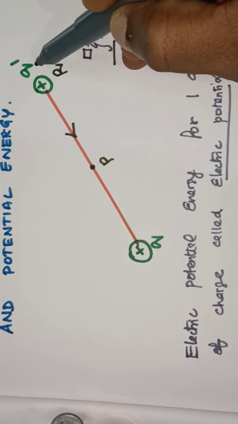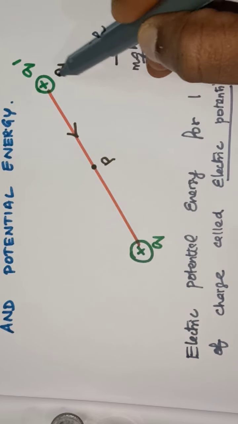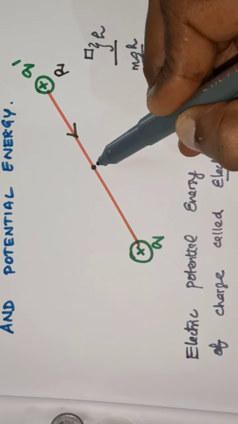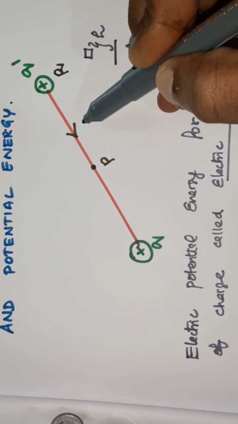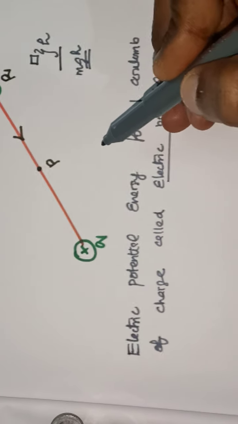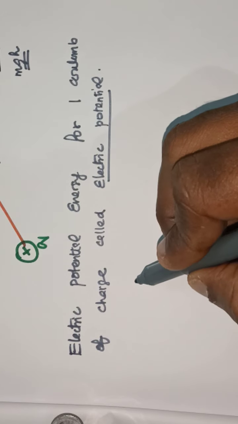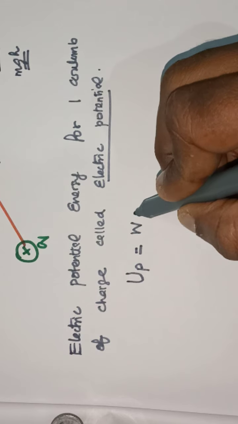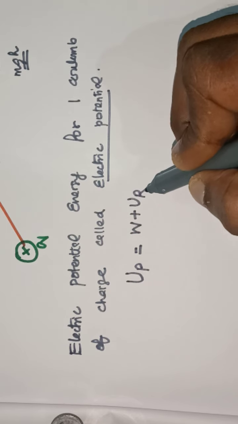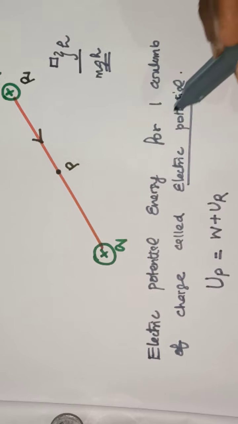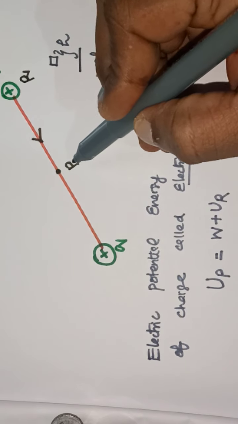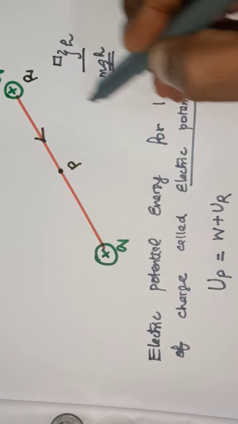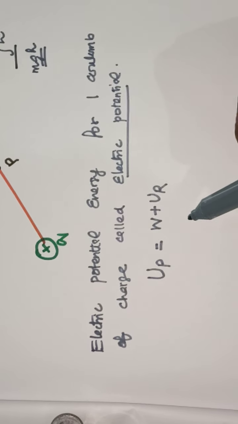The test charge q dash at the point R is brought to the point P. So we can write simply UP equal to W plus UR. So what is UP? That is the potential energy at the point P. UR is the potential energy at the point R. So W is the work done here.